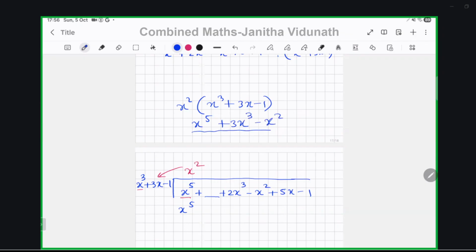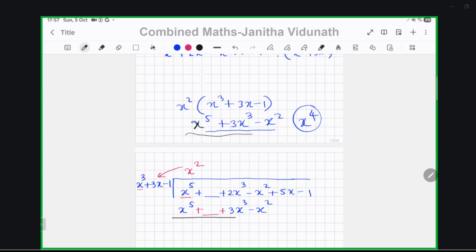Here there is no x to the power 4 term, so we keep blank for that term. Then here remain 3x cube minus x square plus x. These are the terms when we multiply with the entire divisor.